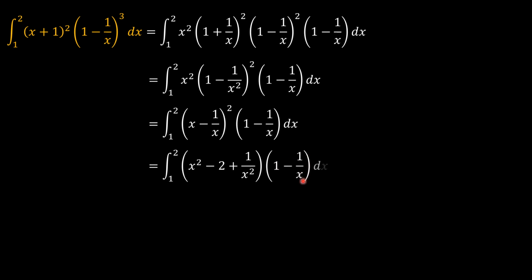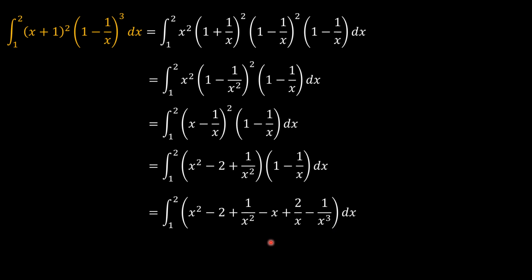So this is easy to multiply. There's the entire thing multiplied by 1, and then you can multiply by negative 1 over x and add everything. So we have now the integral from x equals 1 to 2 of x squared minus 2 plus 1 over x squared minus x plus 2 over x minus 1 over x cubed.